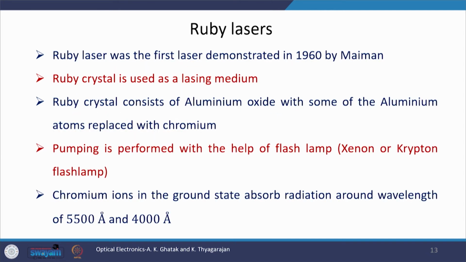Now, the ruby laser was the first laser demonstrated, in 1960 by Maiman. As the name suggests, a ruby crystal is used as the lasing medium in the ruby laser.